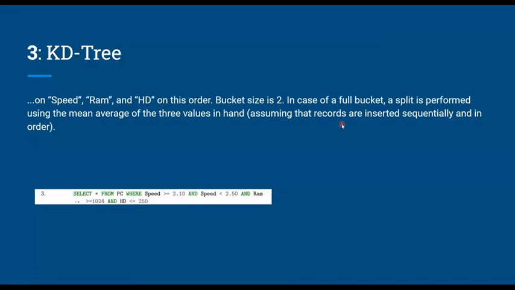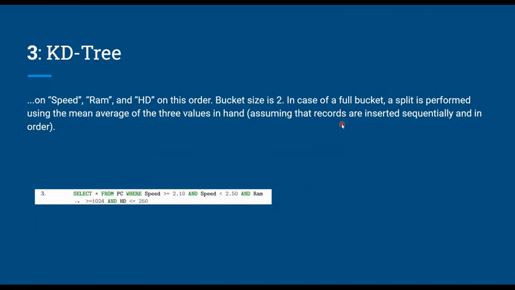Exercise 3. We would like to construct a KD tree for our data table provided. And this KD tree would be on speed, RAM, and HD in this specific order, where we would have the bucket size specifying that it can hold up to 2. It can refer to 2 records. And in case of a full bucket, a split is performed using the mean average of the 3 values in hand.